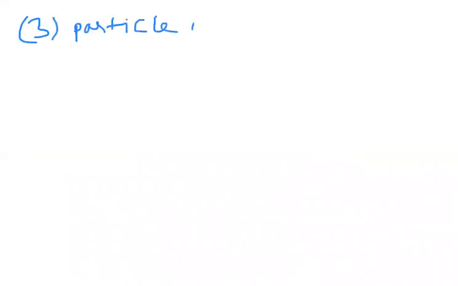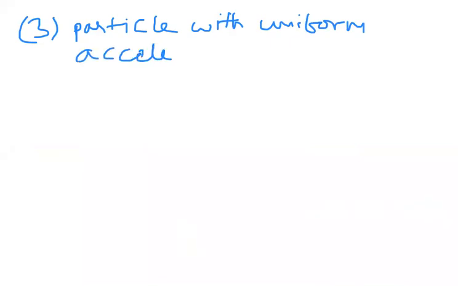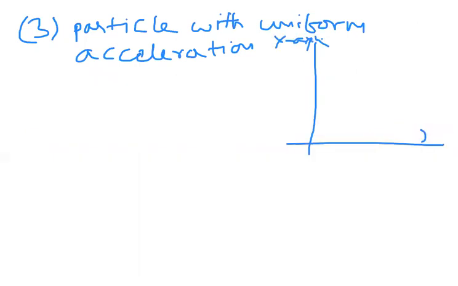Particle with uniform acceleration. We are discussing position-time graphs. So again, as usual, this is the y-axis and this is the x-axis. On the y-axis I am taking the position, and time is taken on the x-axis.